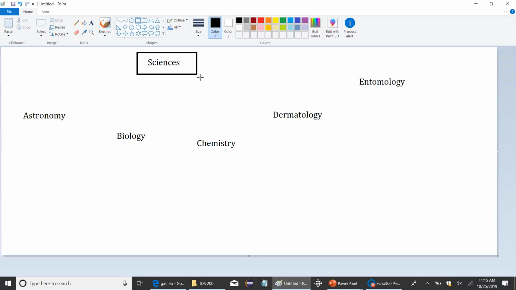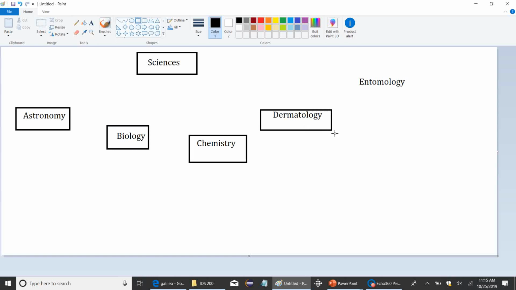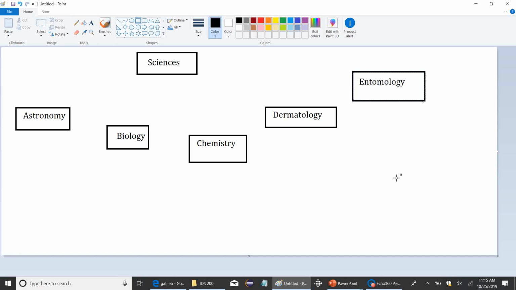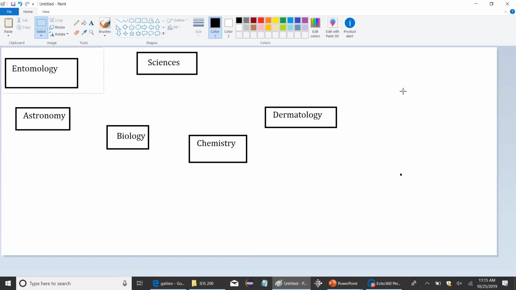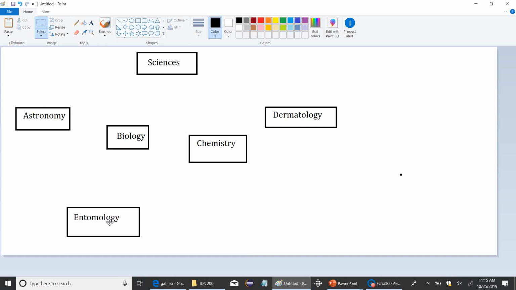There's this concept of something called a science represented by these various categories. Now, some of them are closely related to each other. Others are not. For example, it could be successfully argued that entomology is a subset of biology, right? It's a specific set of creatures, bugs. So you could have that kind of relationship, right?